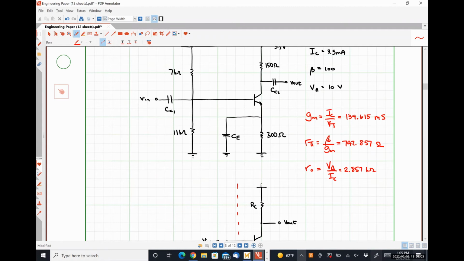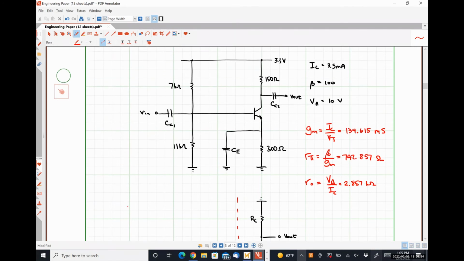Typically speaking, r naught will be larger than r pi. It'll also typically be larger than RC as well. Okay. Not to put the cart too far ahead of the horse, but one of the things that we're going to be doing next quarter is looking at these amplifier circuits with what are called active loads. All an active load is, is that we're replacing some of these resistors with transistors.